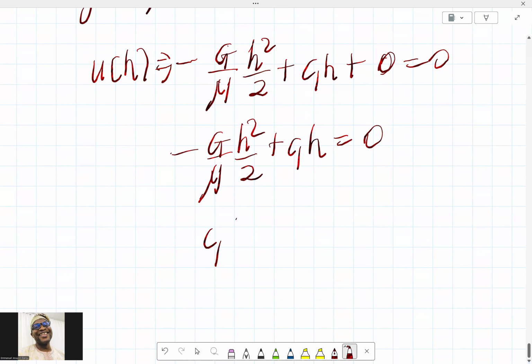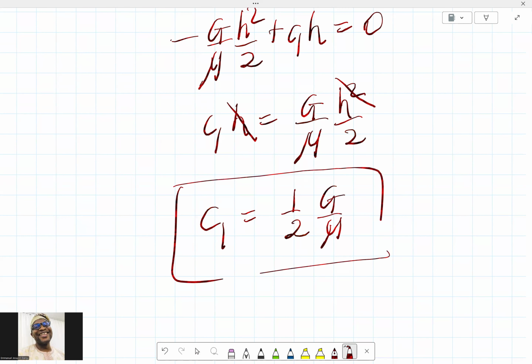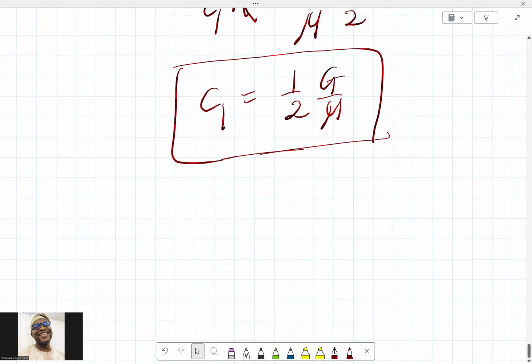So that means c1h is equal to g over mu h squared over 2. This h can cancel one h here. So c1 is simply equal to half g over mu. So c2 is 0, but c1 is half g over mu.